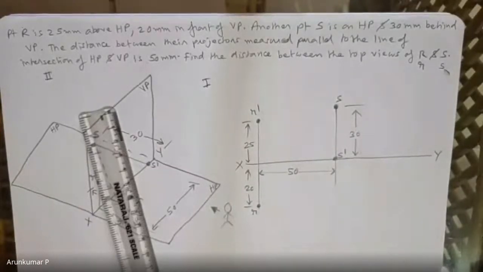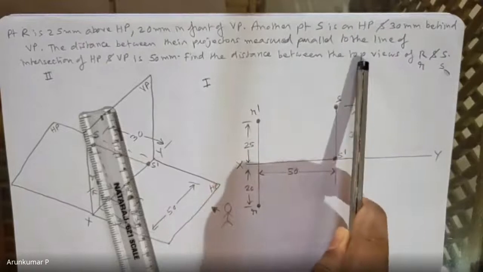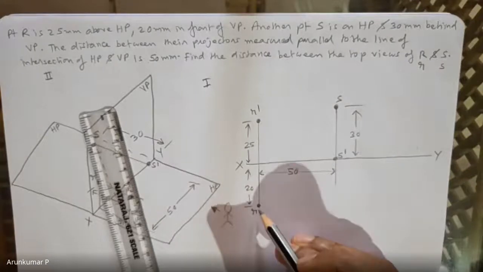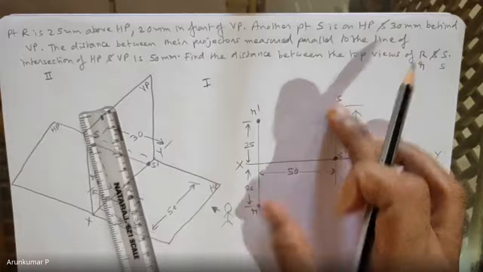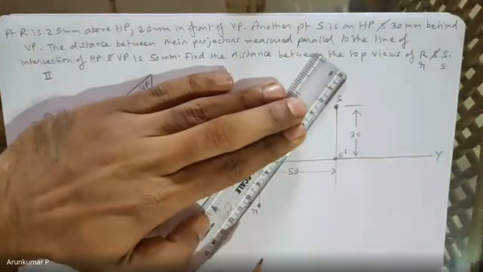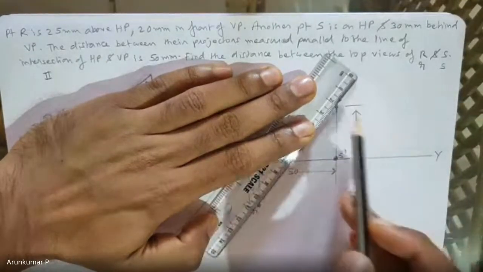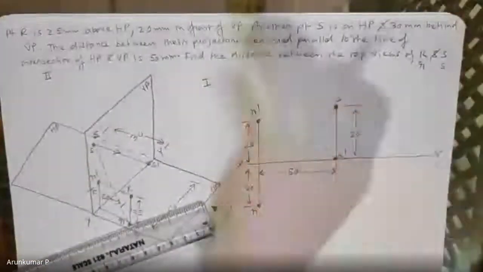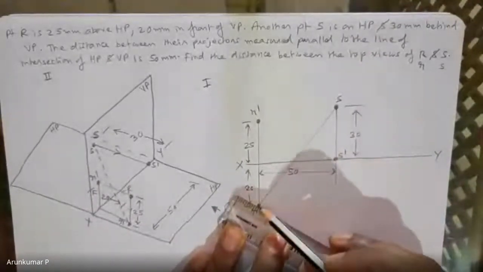Now, what are you supposed to find? The distance between the top views of R and S. Where is the top view of R? This. Where is the top view of S? This. Join r and s by a straight line like this. Find out the length of this line. That is your solution.